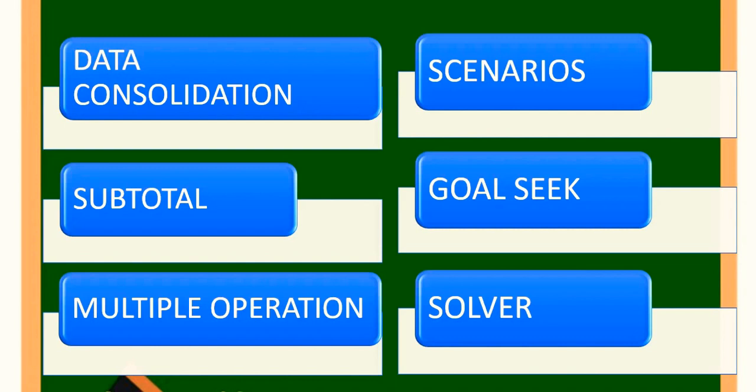By using the solver, we can also solve the linear equations that you study in your maths algebra. Linear equation: x plus y equals 2. What is the value of x and y? We can easily solve it by using the solver. These are the topics we discussed in our last session.